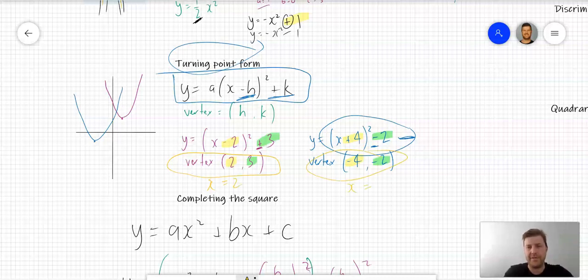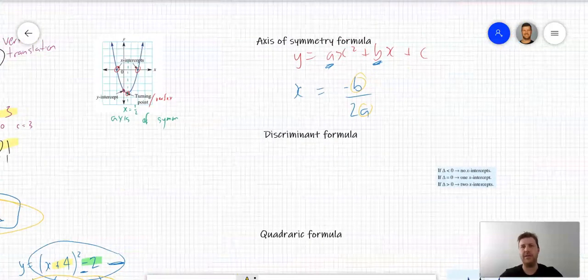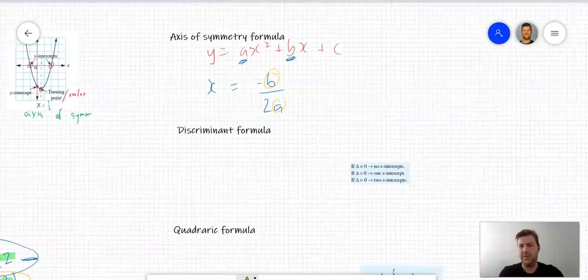My axis of symmetry is x equals -4. So the x value in the vertex is the same as your axis of symmetry. That's why there's no real need to use the axis of symmetry formula when you've already got turning point form, because you can read it straight off the vertex. You're only really using that when it's in standard form. That's why the formula involves the values of b and a.